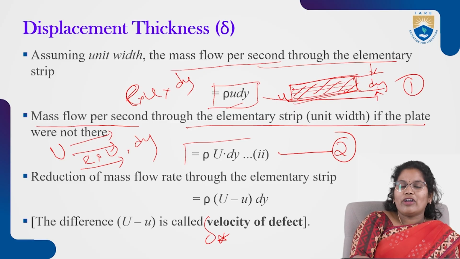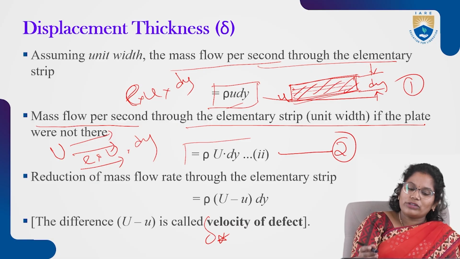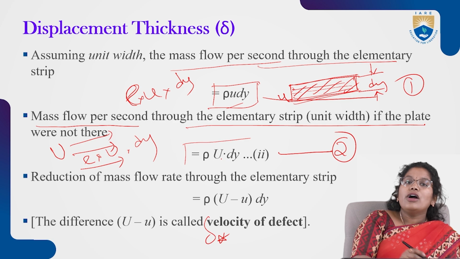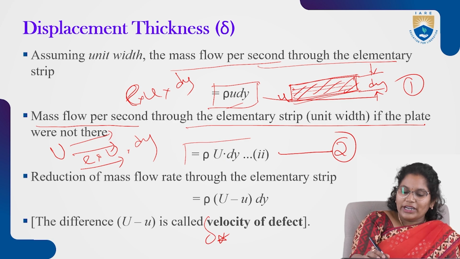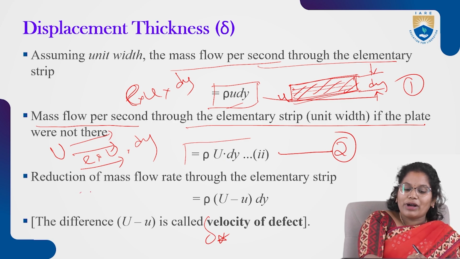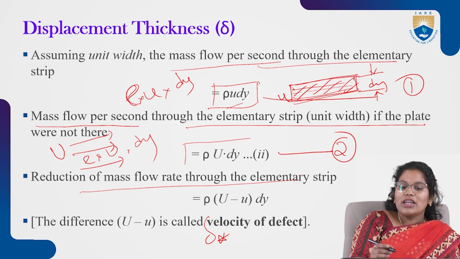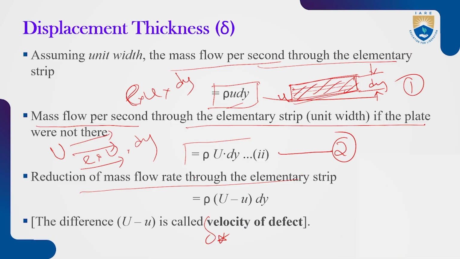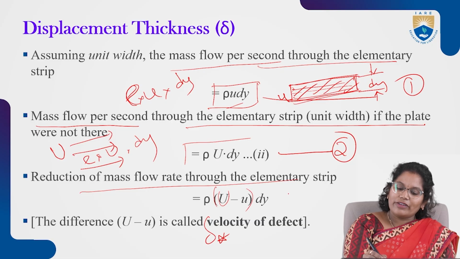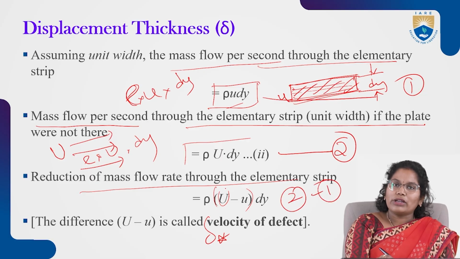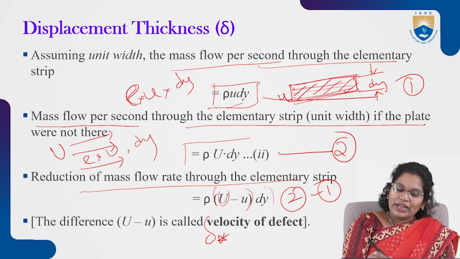On the plate, we have calculated the mass flow rate, and if the plate is not there, that condition we have also calculated. That is rho capital U into dy. Now, the reduction of mass flow rate through the elementary strip is rho into capital U minus small u into dy, that is equation 2 minus equation 1.